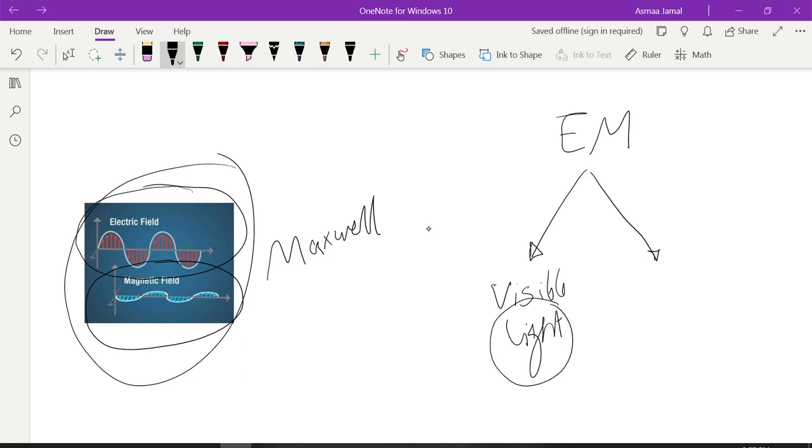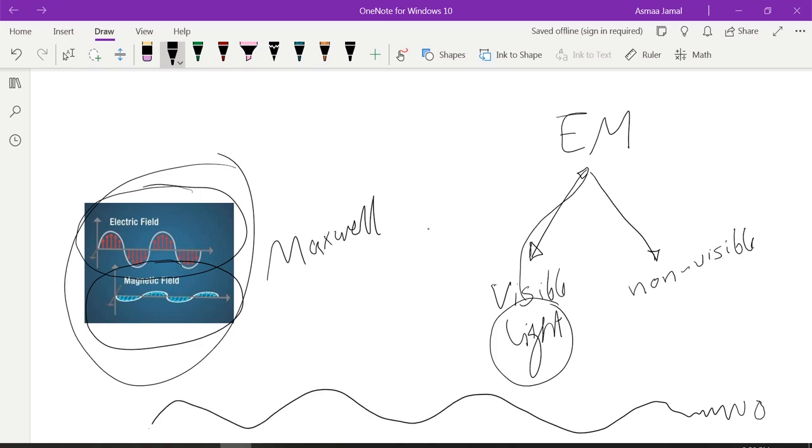So light is part of the electromagnetic waves. The other one that you cannot see by your eyes is non-visible electromagnetic. And those electromagnetic waves have different wavelengths, starting from almost zero until infinity wavelength.